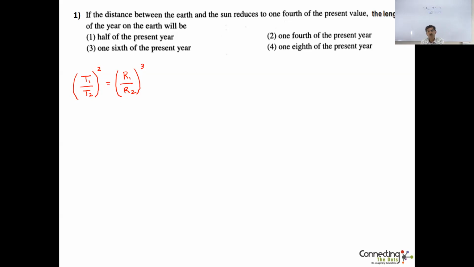So remember, the distance between the Sun and the Earth has reduced to 1/4 of the current value. So earlier it was R1, now it has become R1 by 4 because it has become 1/4. So let us start it that way. If the initial distance, remember, we are talking about the distance between the Earth and the Sun.